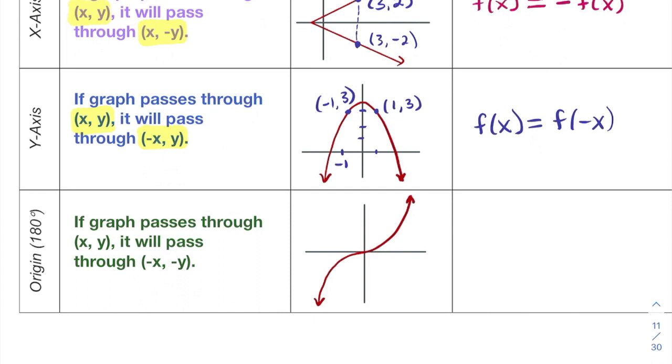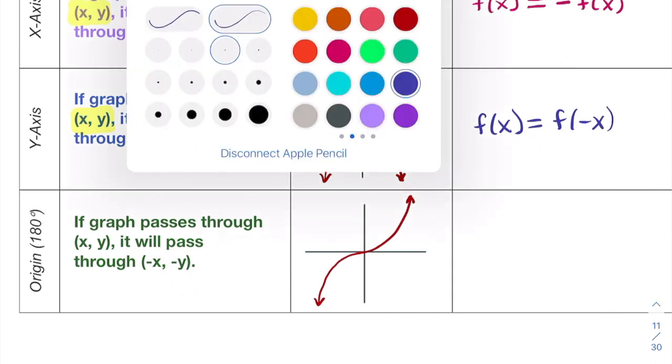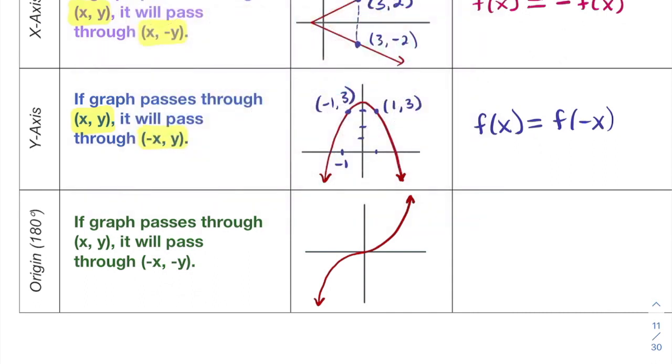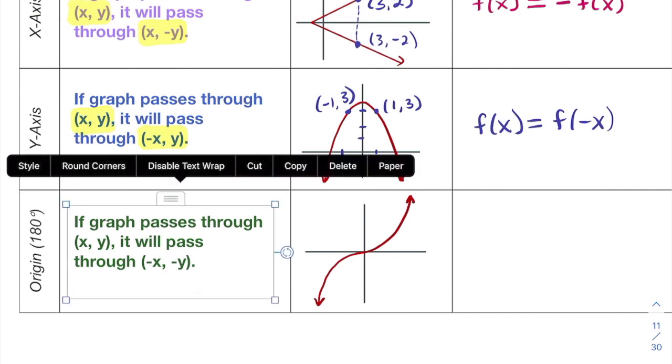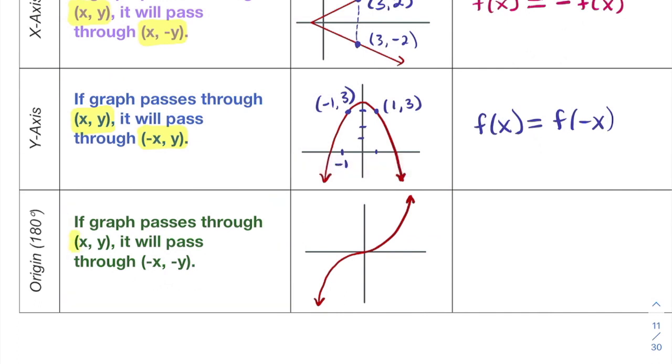All right, so our last test here is going to be our 180-degree rotational symmetry about the origin. You'll often see it called by two names. You'll see origin or 180 degrees. So for our last test, to look at points to determine graphically if it is in fact symmetrical with respect to the origin, again, we're going to select a point that our graph passes through, x, y. If the graph passes through x, y, it's also going to pass through -x, -y.